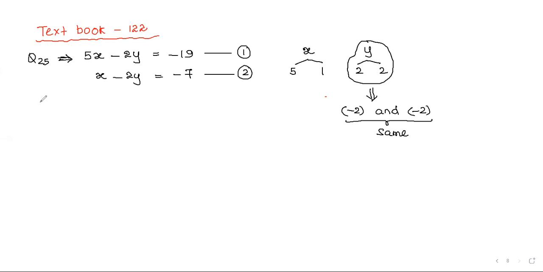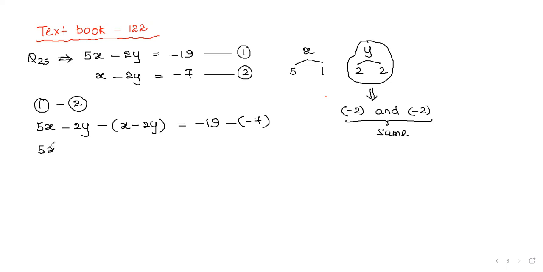Here I will subtract equation 2 from equation 1. Then I write 5x minus 2y, then subtract x minus 2y. Then you have negative 19, subtract negative 7. Right? So then you solve the bracket: 5x minus 2y, then minus x, then you have plus 2y.